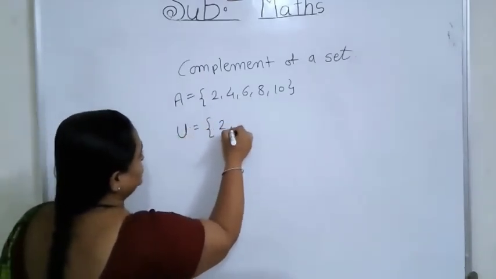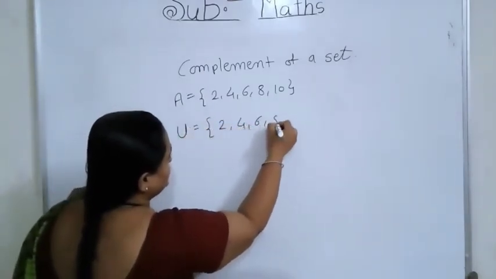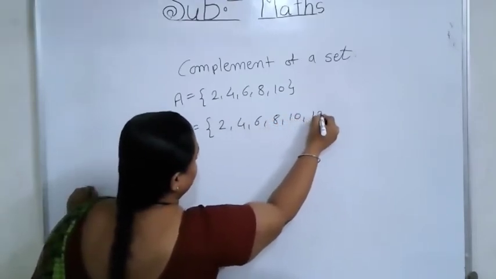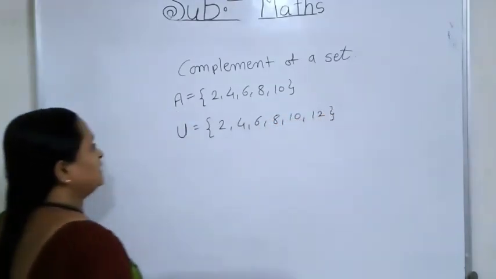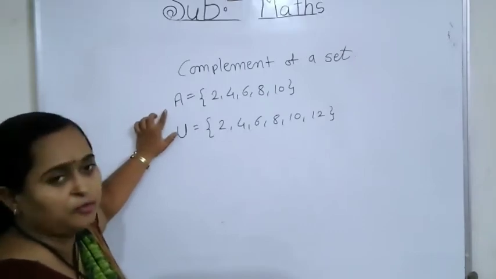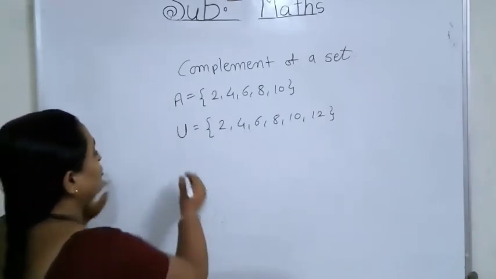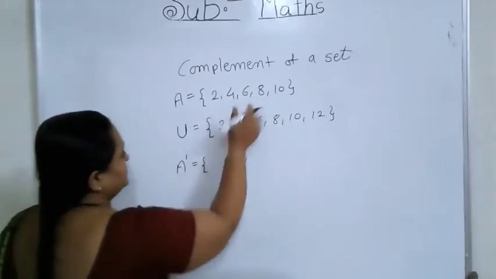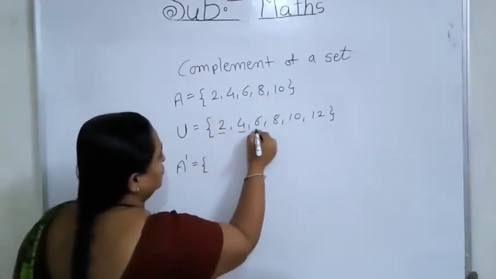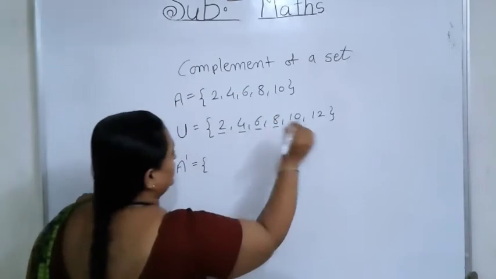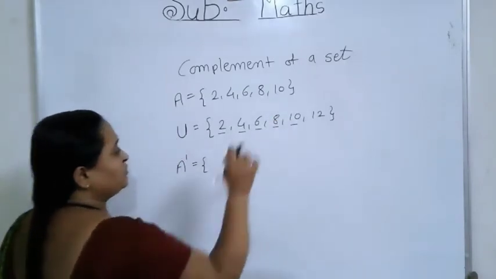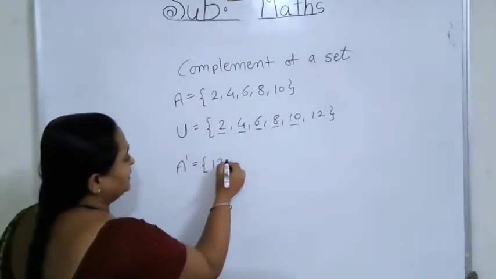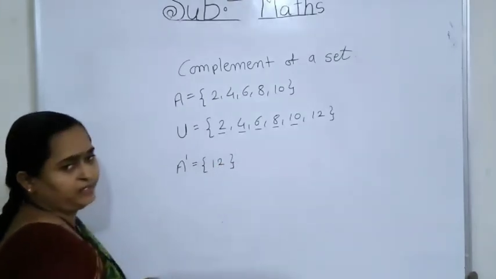Universal set is 2, 4, 6, 8, 10, 12. Now see, in this A is a subset of U and you have to find the complement of A again. Which elements are present in set A? 2, 4, 6, 8, 10. Then which element is left? Only 12. Therefore the complement of A will be 12.